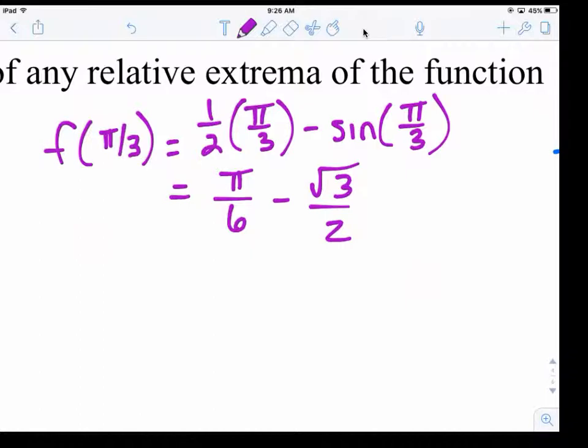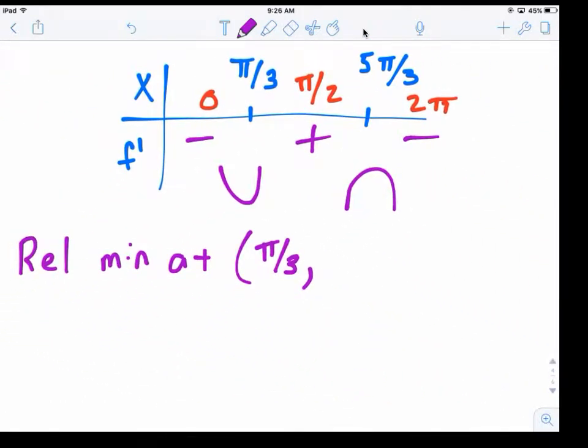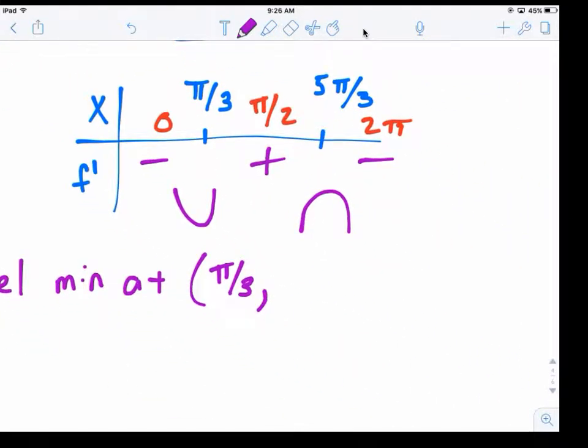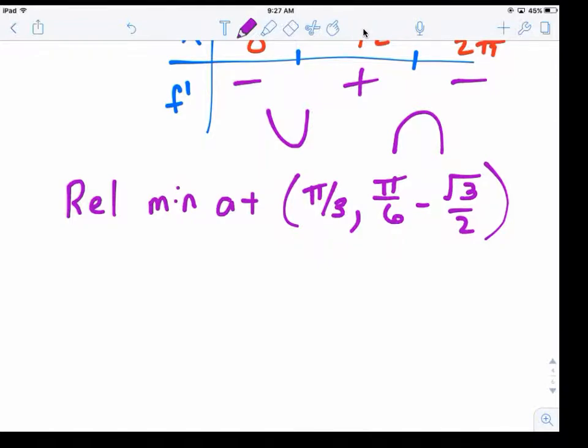And I don't want to simplify that, so we can leave it as that. Alright, so we have a relative min at pi over 3, comma, pi over 6 minus radical 3 over 2.